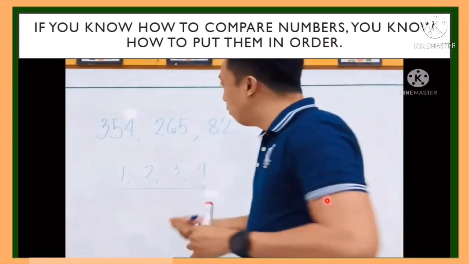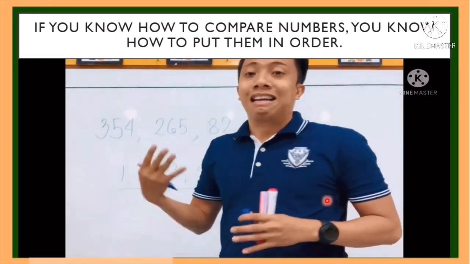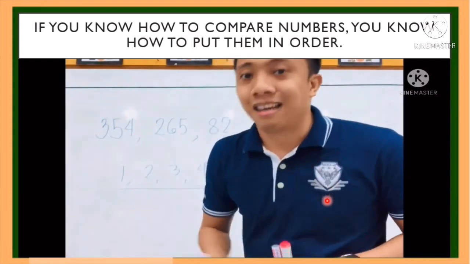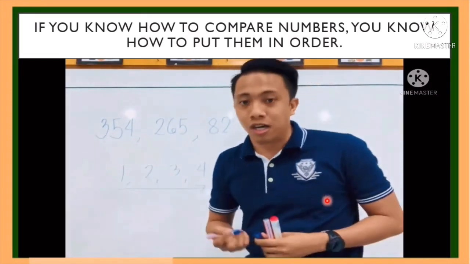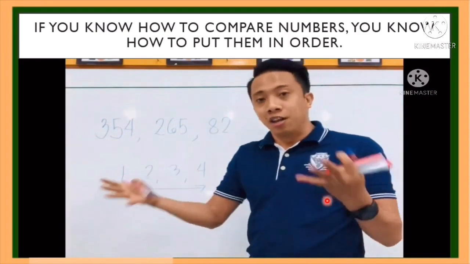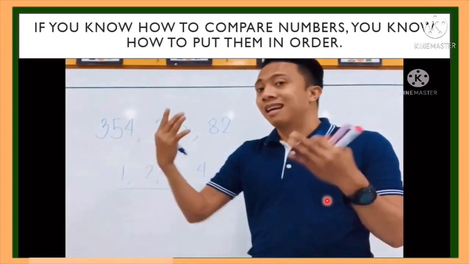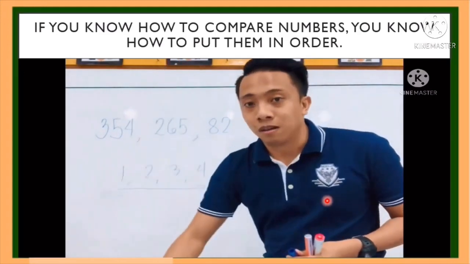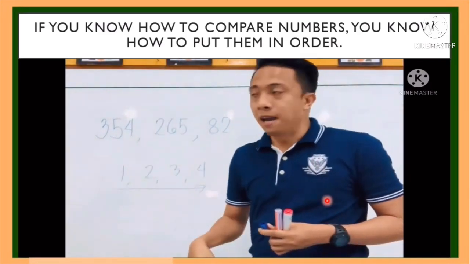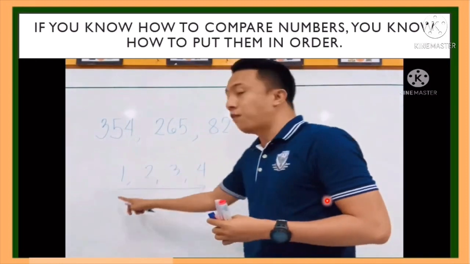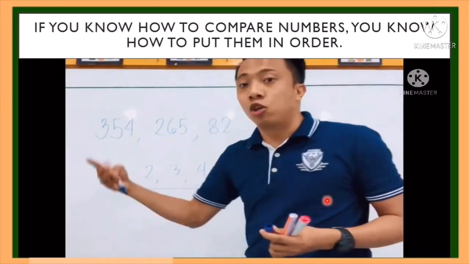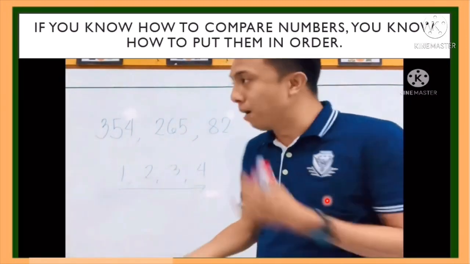On the other hand, we have what we call descending order. Okay? This is the other way around of ascending. If ascending is going up, that means descending is going down. That means our first number is the greatest number.